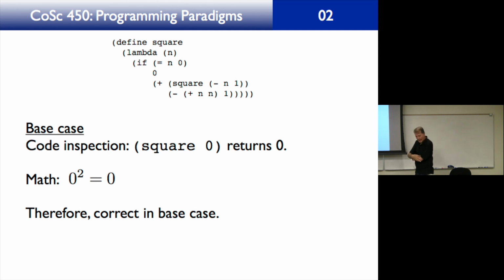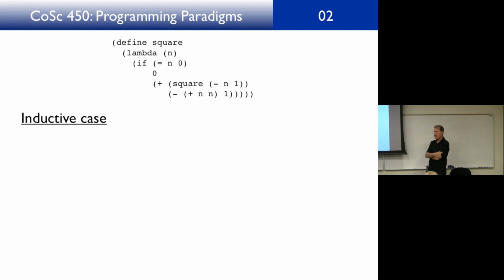Now the next part is a little trickier. It's the inductive case. Anytime we have the inductive case, what do we always have to say? Remember, we always say it the same way each time. We have to say, must prove what, assuming what.